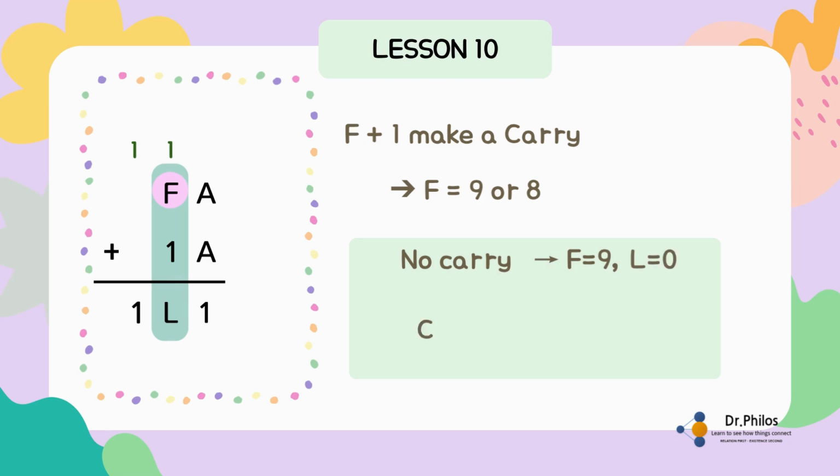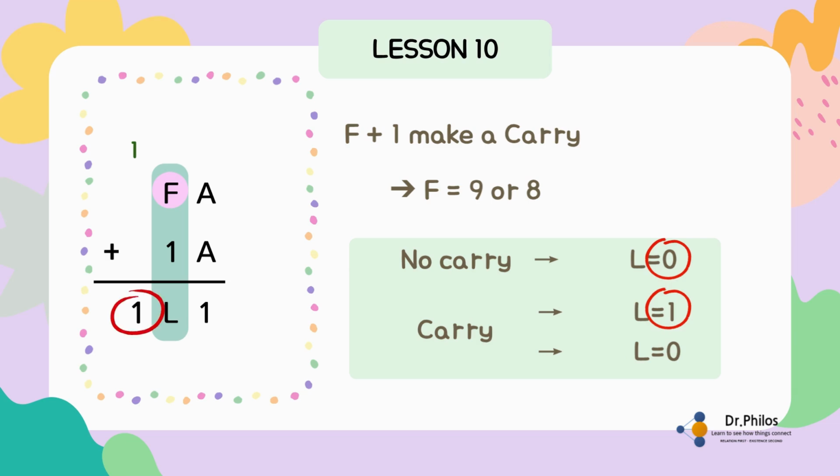If there is a carryover, then L is 1 when F is 9, and L is 0 when F is 8. So, even without knowing F for sure, we know L has to be 0 or 1. But C is already 1, which means L has to be 0.